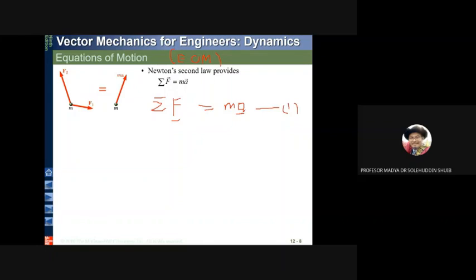For here we have the particle. This particle has two forces acting on it, this direction and that direction, and then we equate it to the right, which is MA, mass times acceleration.